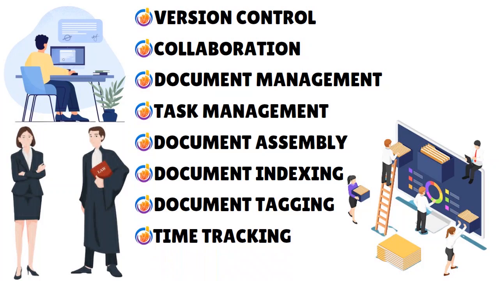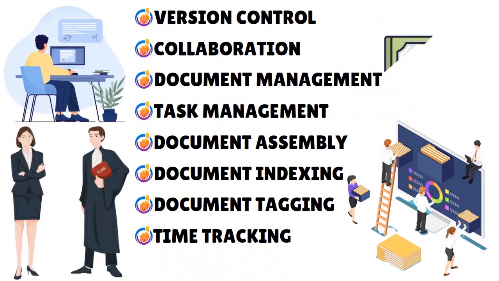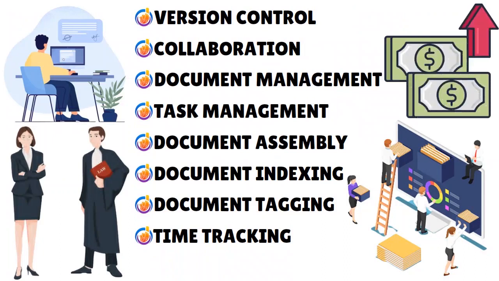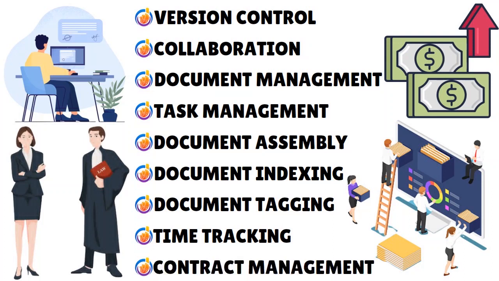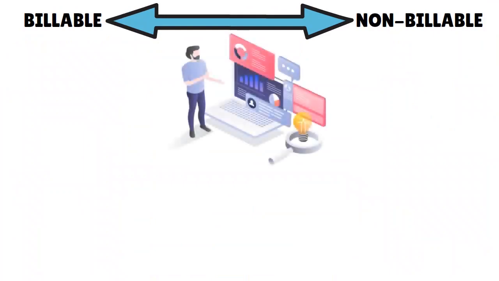I think I've mentioned this before. When it comes to billable versus non-billable hours, everything revolves around revenue generation and the sustainability of your law firm. For your law firm to be sustainable, it's got to generate revenue on a consistent basis. You also have to think about contract management. So contract management is kind of cool also when it comes to looking at the most important features within Filevine. So that's for Filevine.